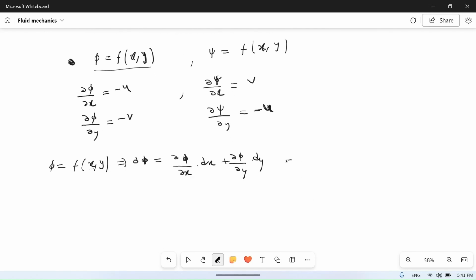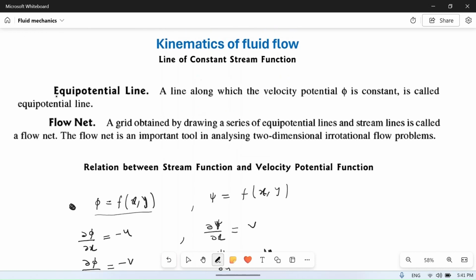So d phi will become del phi upon del x, which is minus u, into dx, and del phi upon del y, which is minus v, into dy. And what is an equipotential line? As we have written here, an equipotential line is a line along which the velocity potential phi is constant.